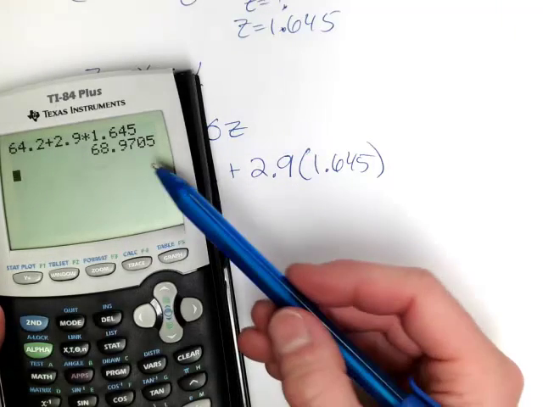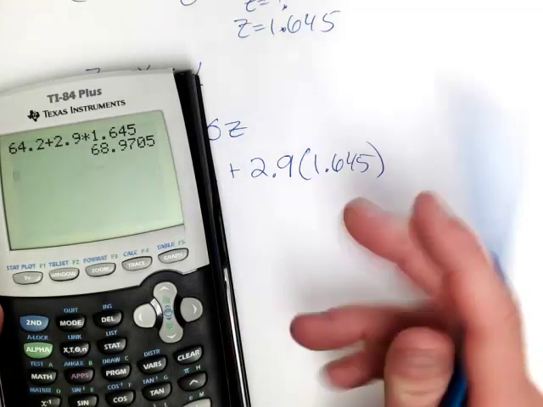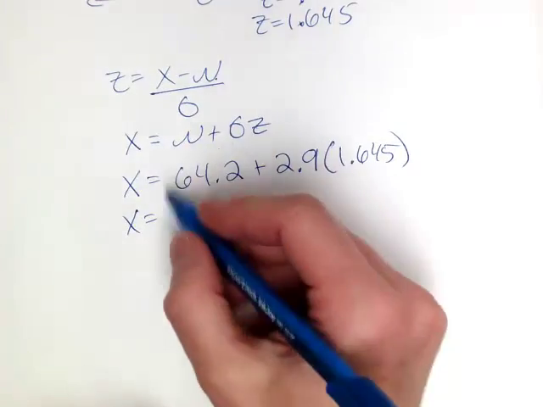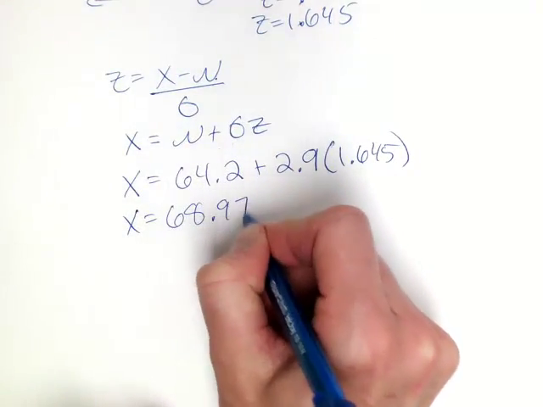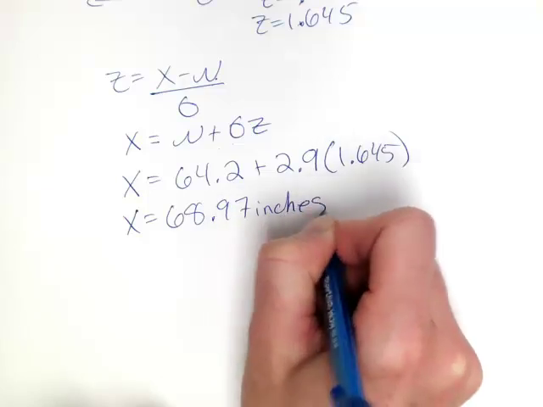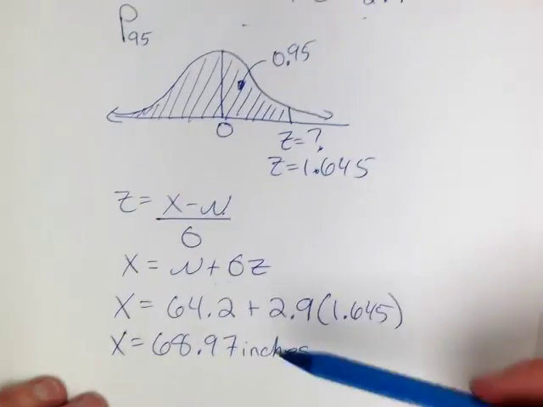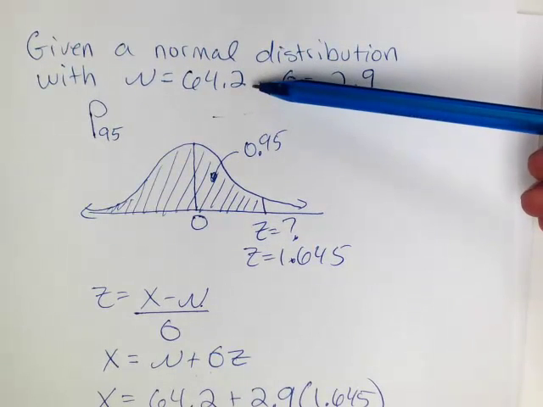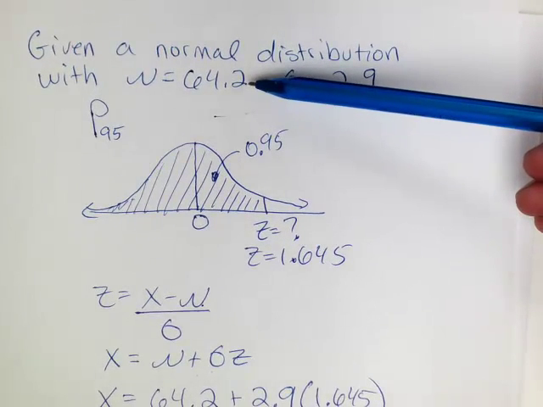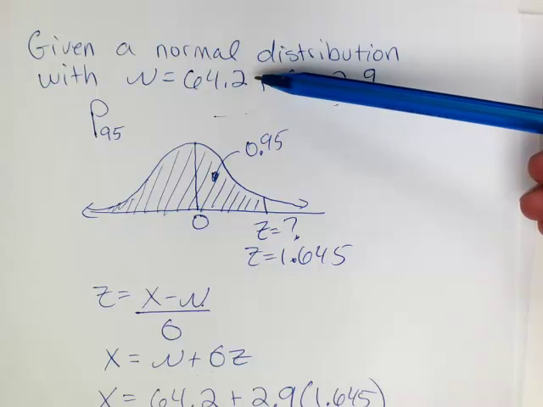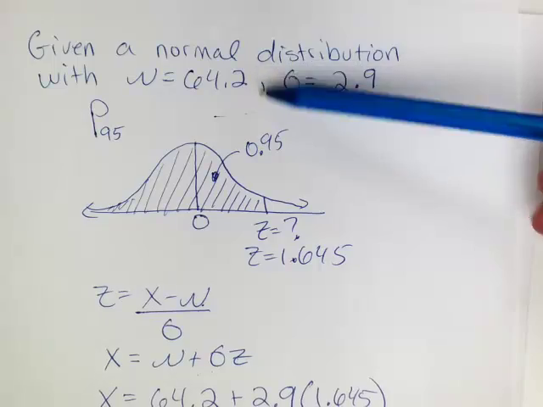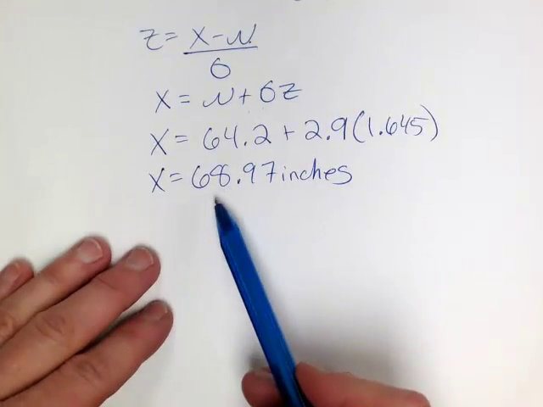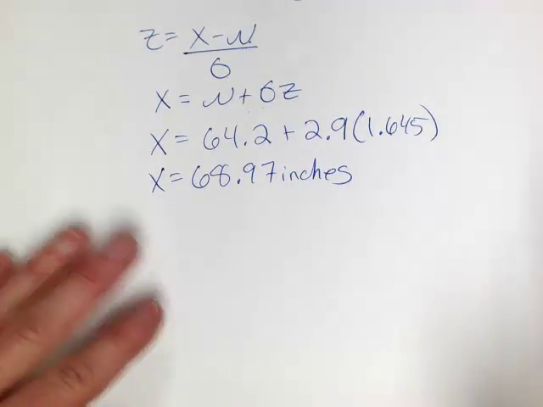It's about a height of 68.97 inches. Hopefully that makes sense. We're looking for a height that's the 95th percentile. The mean is given to be 64.2, so we certainly expect a height that corresponds to the 95th percentile to be larger than that. So this answer makes sense with respect to the problem.